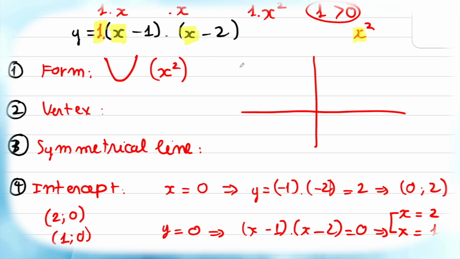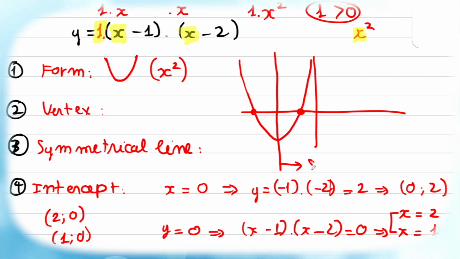When I have the form of this one, you can see that the symmetrical line will divide this into two parts, the left hand side and the right hand side. We call this line the symmetrical line. And this left hand side and this right hand side will be reflected together.